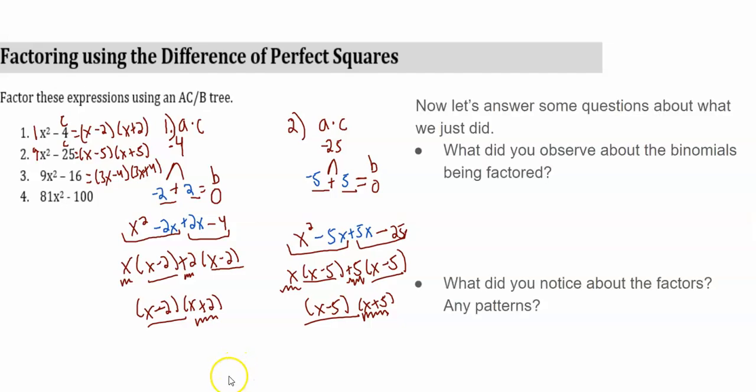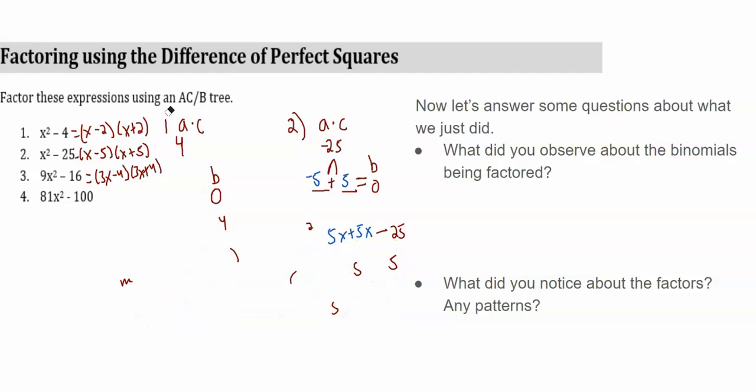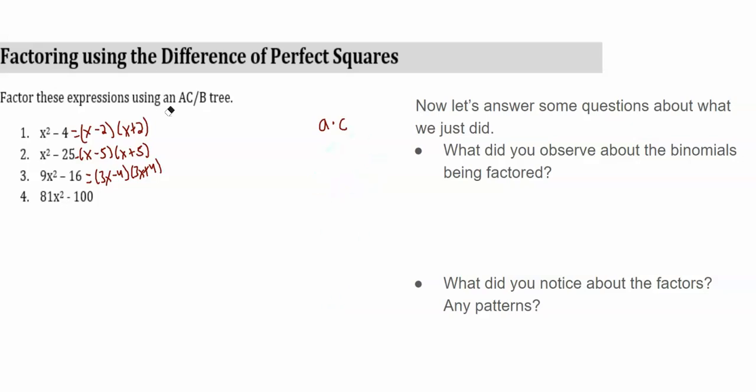So if we look at the next part of our notes, it says, what do we notice? I'm going to clean this up a little bit. What do we notice about the binomials being factored? If we look at what it gave us, everything has a negative in the middle.